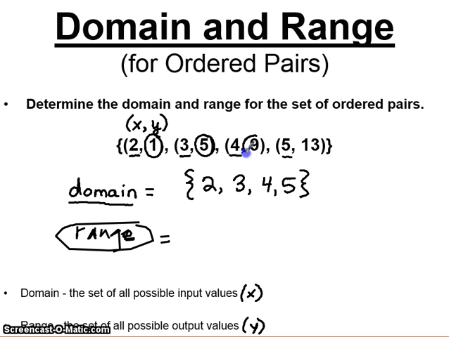So if we look at the second part of each ordered pair, we can see that the range is a set of numbers, and the only possible numbers that can output with this relationship are 1, 5, 9, and 13. So here are the input values, here are the output values. You find the input values by looking at the first part of each ordered pair, and you find the range, or the output values, by looking at the second part.